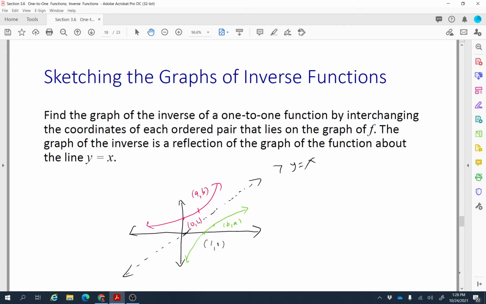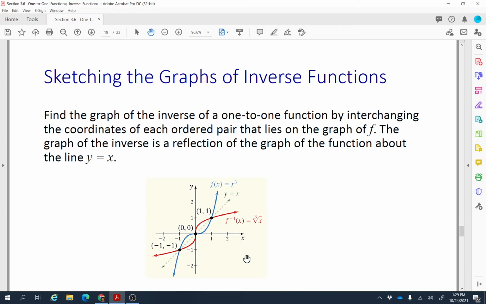After switching all these x and y coordinates and plotting them, you will be able to see this graph. If this is the graph of f of x, then this is the graph of the inverse of f of x, that means f inverse of x. So they are actually mirror images if you place the mirror on the y equals x line.